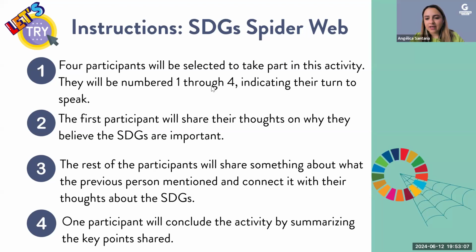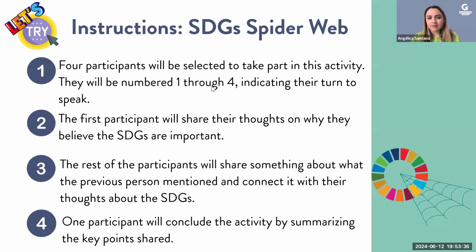So I see Suleka, Ermin, Bushra, and Shobana. If you can, first of all, turn your camera on if you're available. We are going to practice the SDGs spider web, and we are going to do it as if we were the students in the classroom.